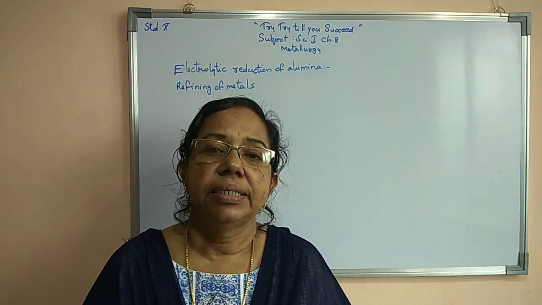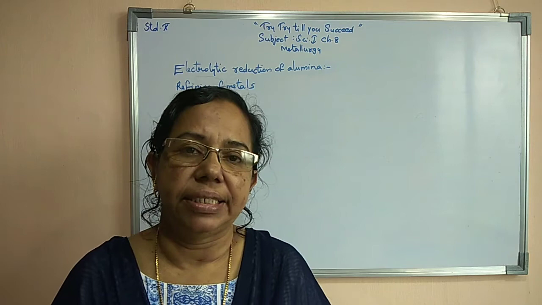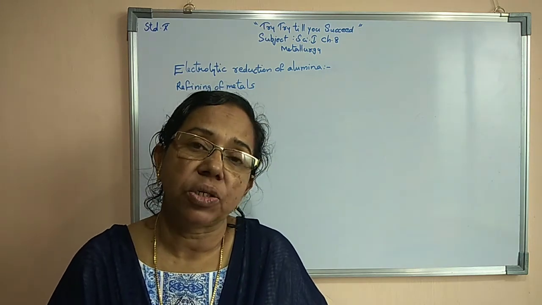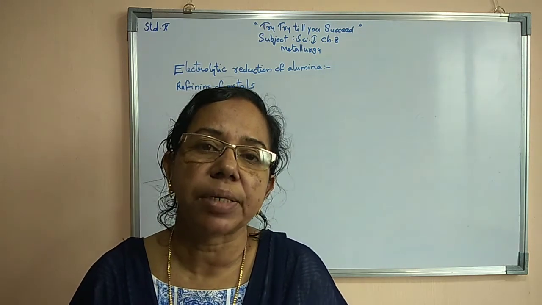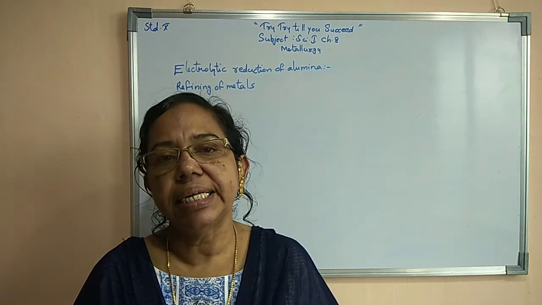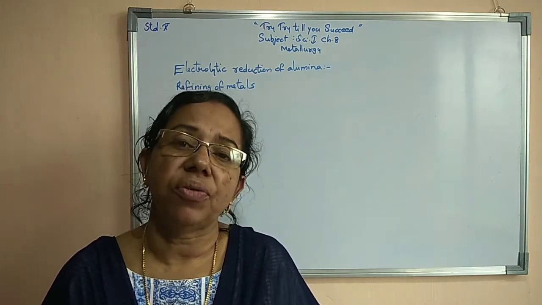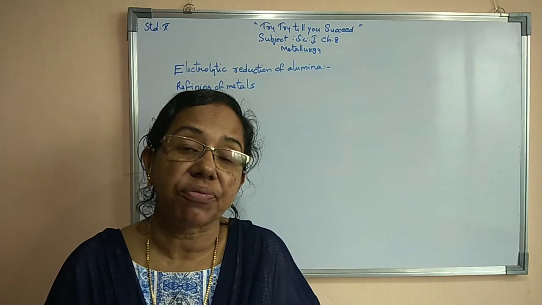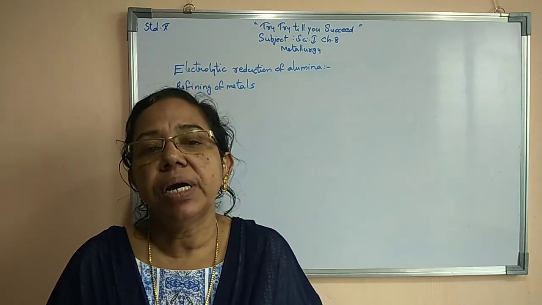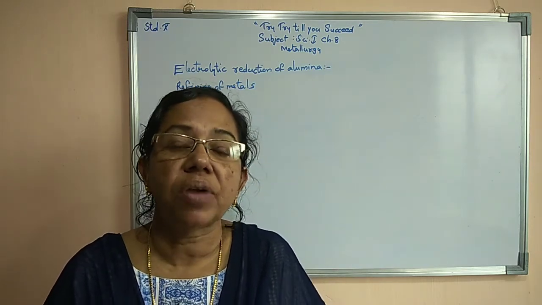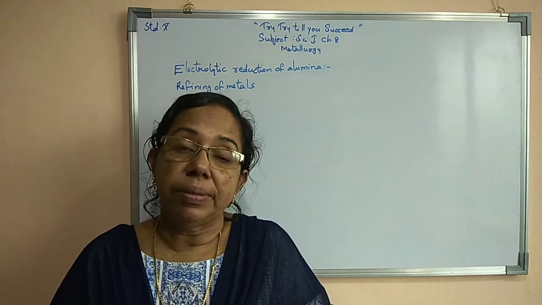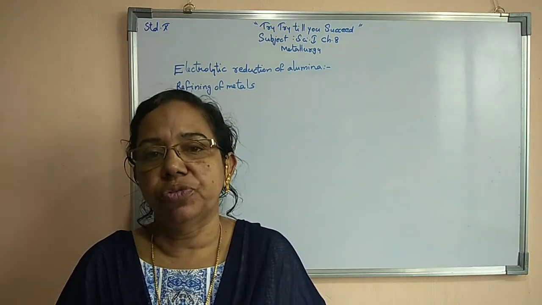Now we will study refining of metals. Refining of metals is also a kind of electrolytic process. Before, we studied electrolytic reduction of alumina. Now we are studying refining of metals. Both of them are electrolytic processes, or electrolysis. But then what is the difference between both of them?